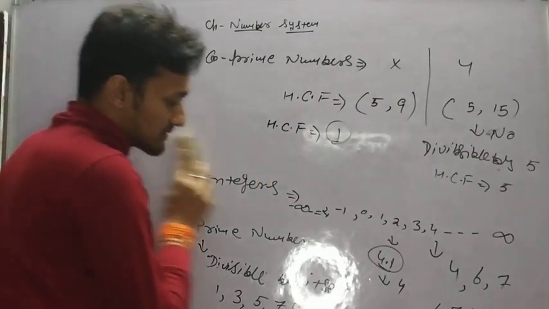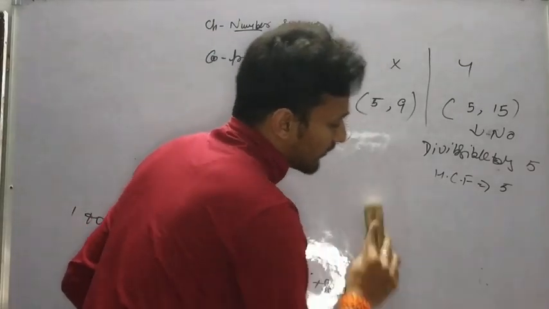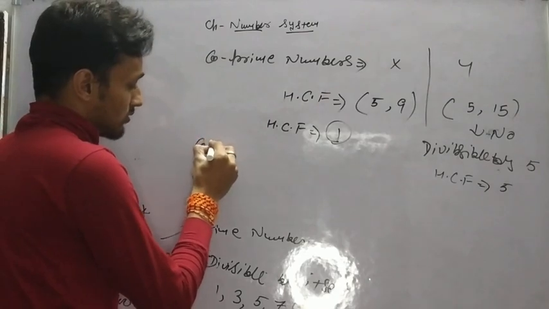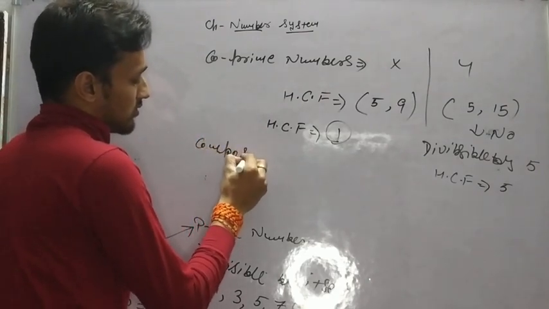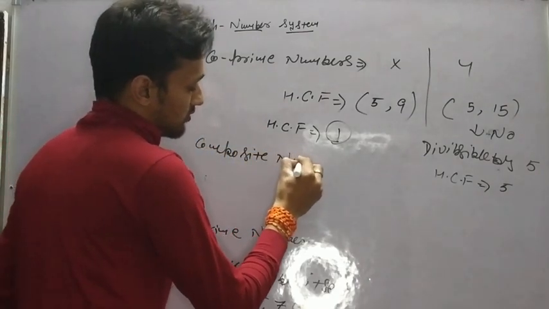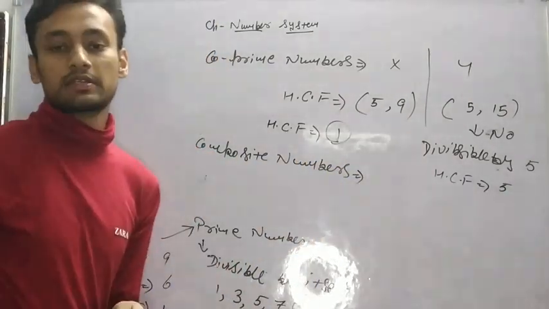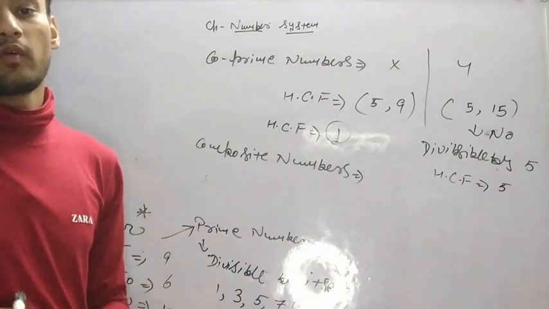The next and final type is composite numbers. What is the meaning of a composite number?